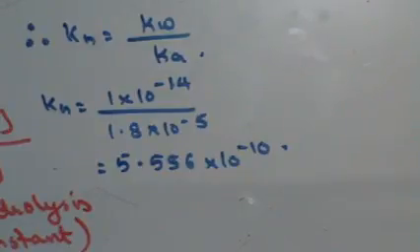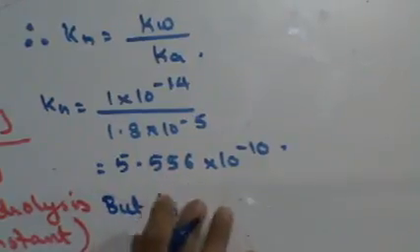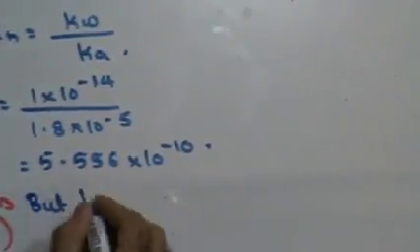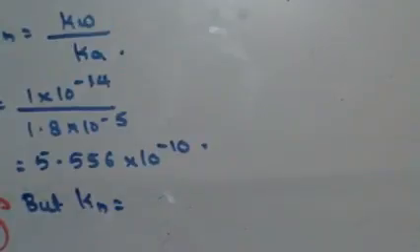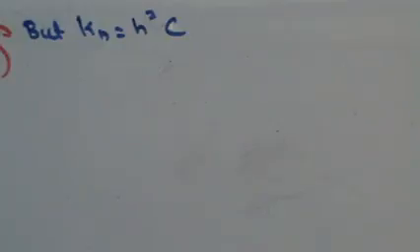But hydrolysis constant, we had done this derivation also, the relationship between hydrolysis constant and degree of hydrolysis. For a salt of weak acid and strong base, hydrolysis constant is equal to h square C. Hydrolysis constant is equal to the square of the degree of hydrolysis into concentration.